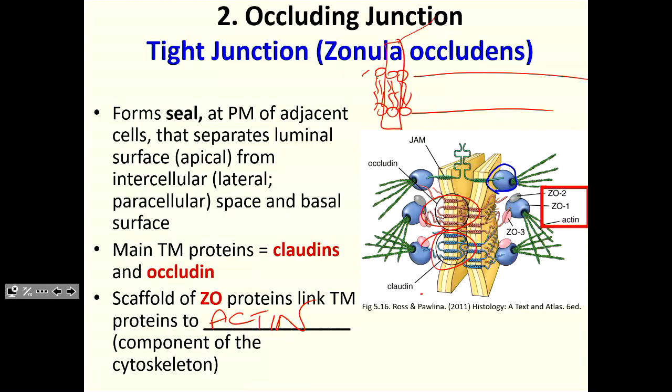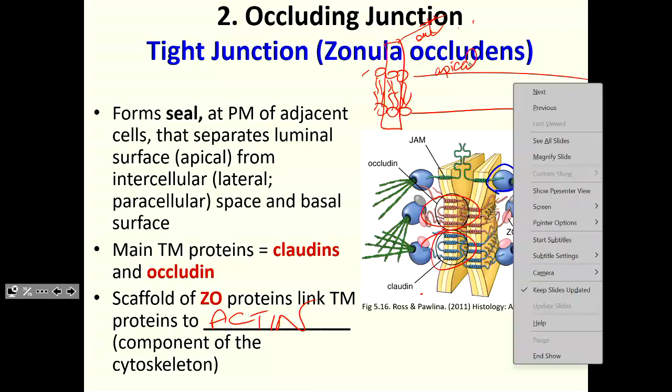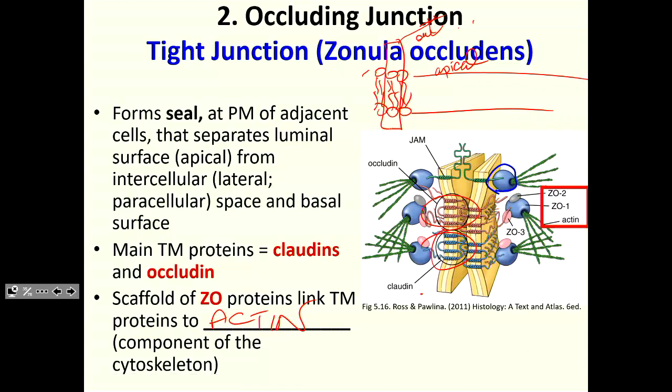This part is facing outside, and here would be the apical surface of the cells. And this part of the protein, this might be occludin, is extending into the cytosol.